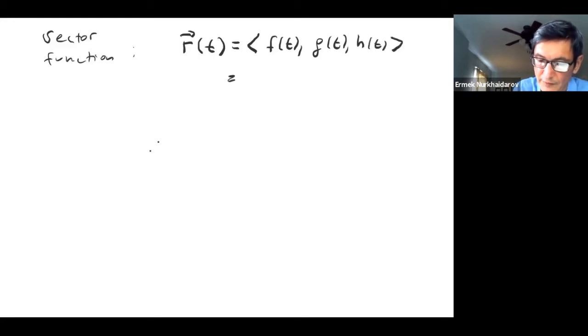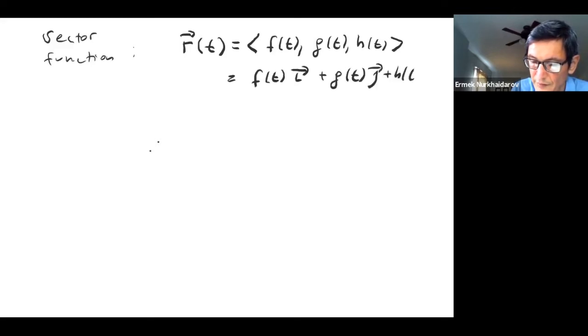In other words, it's f of t times i plus g of t times j plus h of t times k. Okay. So that is our vector function.